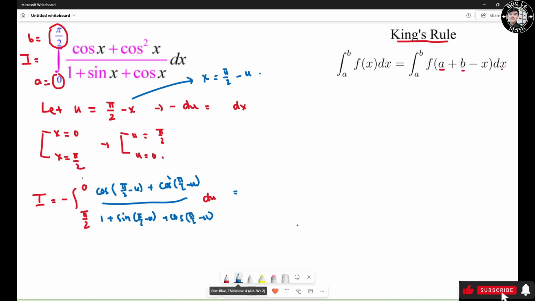I need to flip the bounds right here, and then change this one to positive. So it turns out to be the integral from 0 to pi over 2.